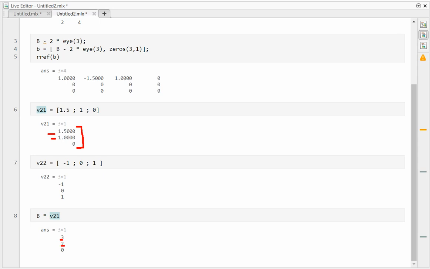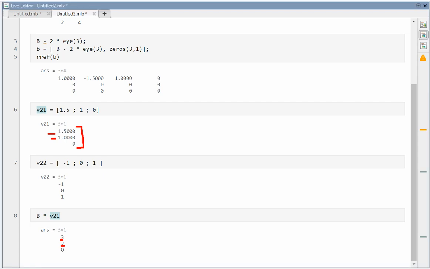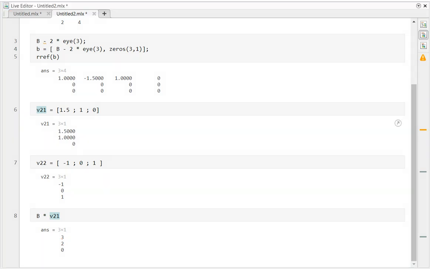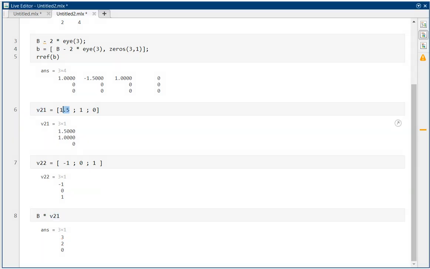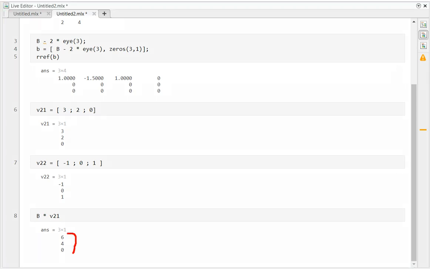So this actually works. And by the way, we would probably multiply through again. So for v sub 2,1, we're going to make this a 3, this a 2, and this a 0. When I do the multiplication, you can see that the 6, 4, 0 vector is definitely double the 3, 2, 0 vector.